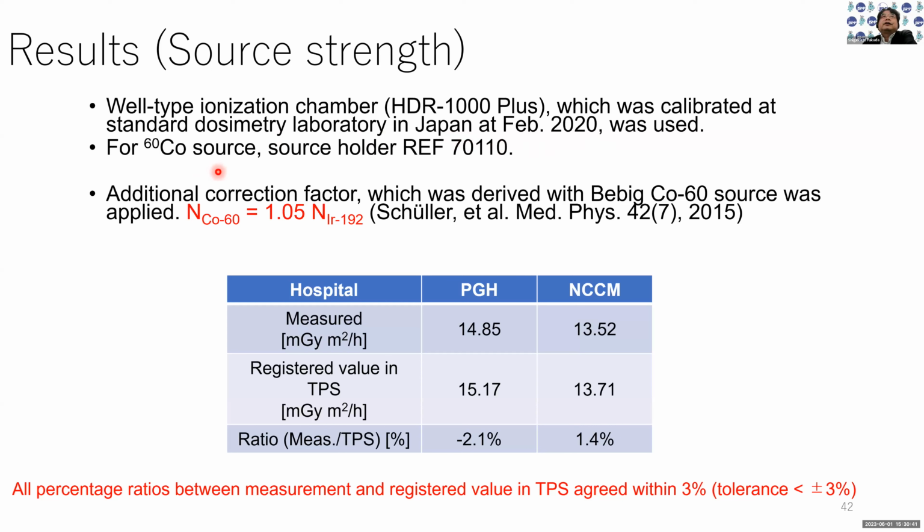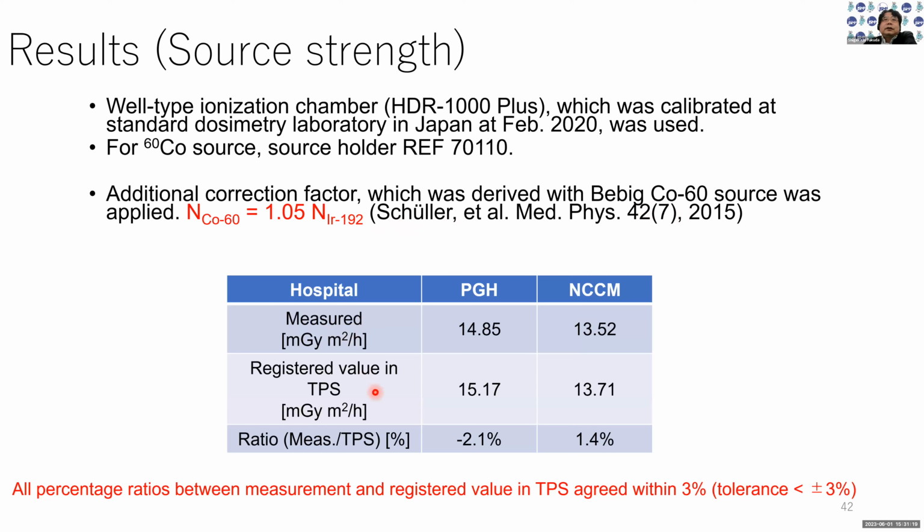For the cobalt 60 source holder, we use reference 70010. For the cobalt source, we need an additional correction factor, derived with the baby cobalt source, of 1.05. This value was obtained from this paper.